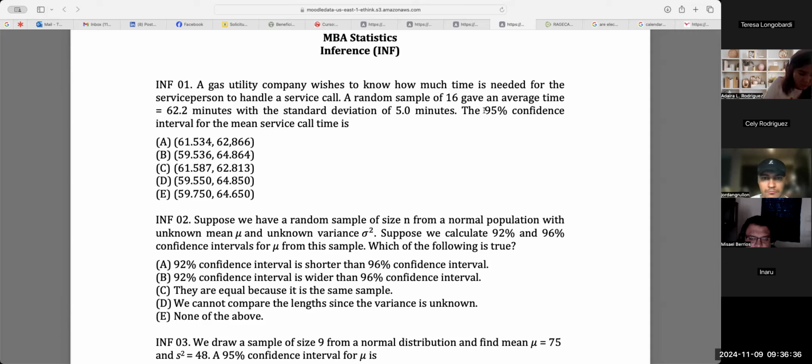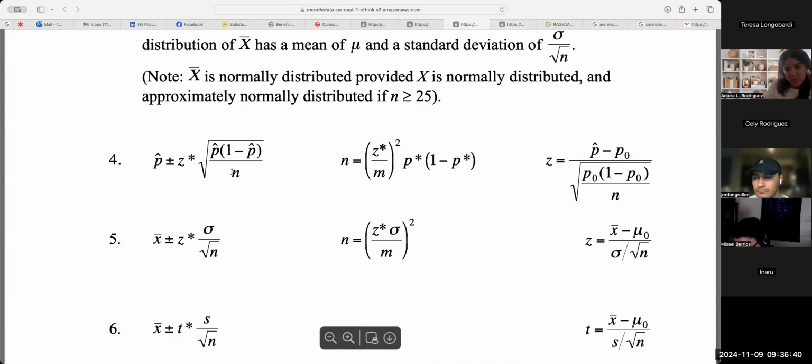You know it's about a confidence interval, which is the first column. So you know it's going to be either this one, or this one that you're going to use to solve the problem. So the first issue is, is the question about proportions or is it about an average? What is the question about?